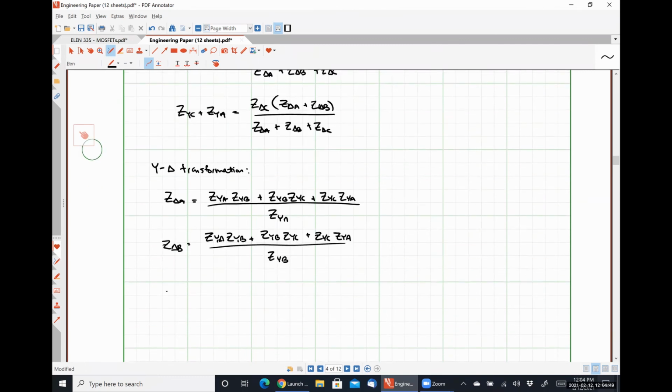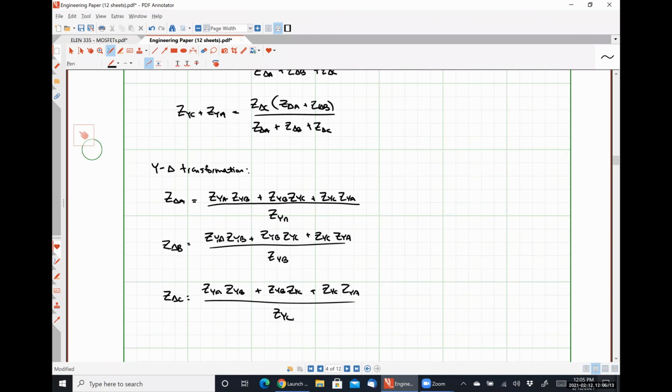And lastly, Z delta C, same numerator, ZYA, ZYB plus ZYB, ZYC plus ZYC, ZYA, all divided by ZYC.